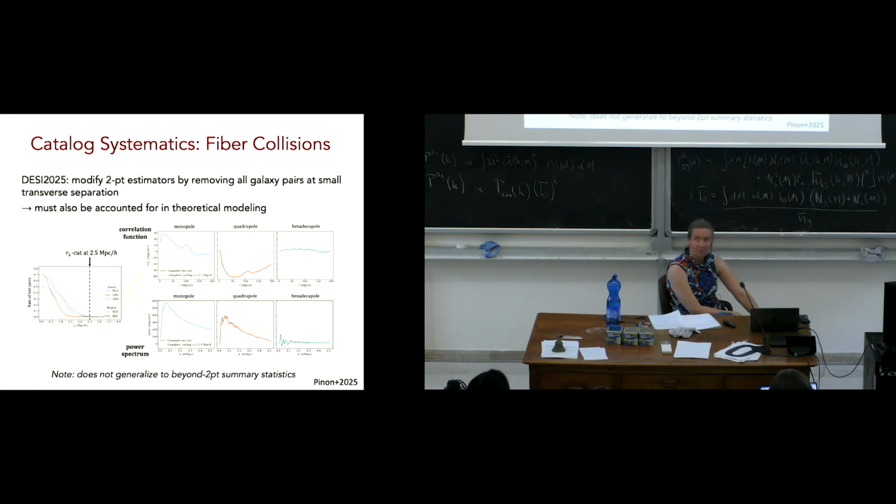So the strategy that DESI then chose to deal with this is to remove all galaxy pairs at small transverse separation. They impose a cut in r perpendicular and then calculate the correlation function and power spectrum only for those galaxy pairs, which means that in addition to the systematics weight that we discussed before, which is just a weight for each galaxy, now each galaxy pair also gets a binary weight, 0 or 1, whether it's within the fiber collision radius or not.